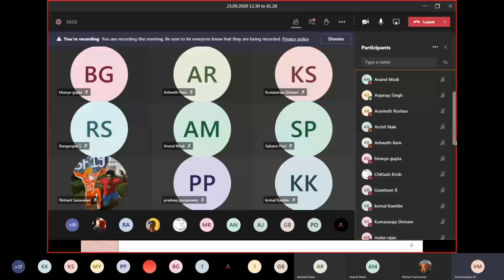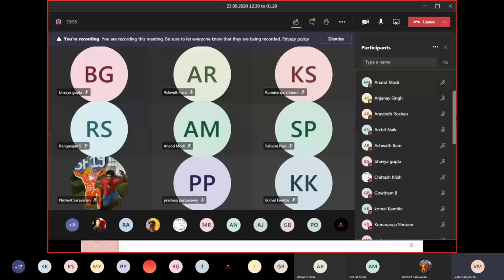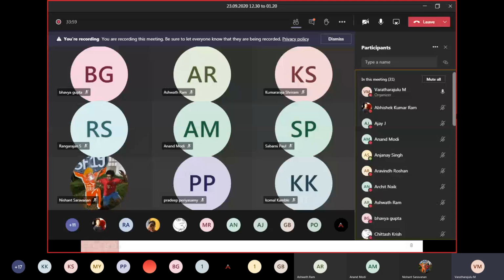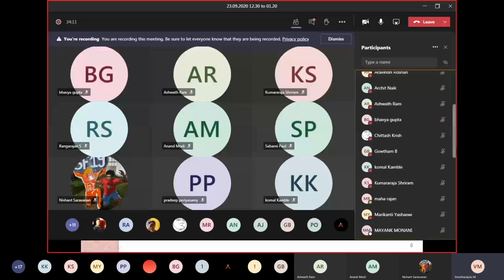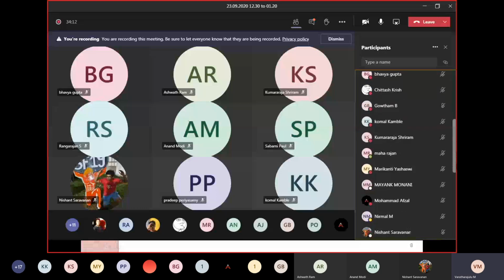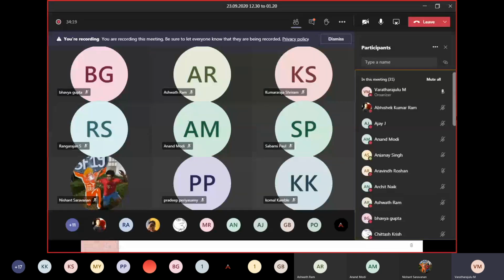Okay, Chita is present. Gautam is also present. Ajay is also present. Komal is also present. Maharaja present. Marikanti Ashwini present. Afsal is also present. Archit Naik is also present.